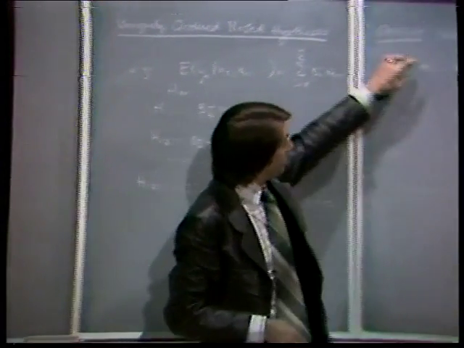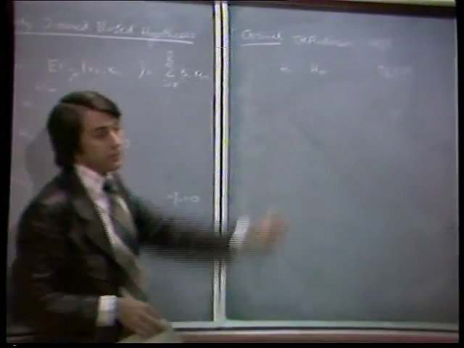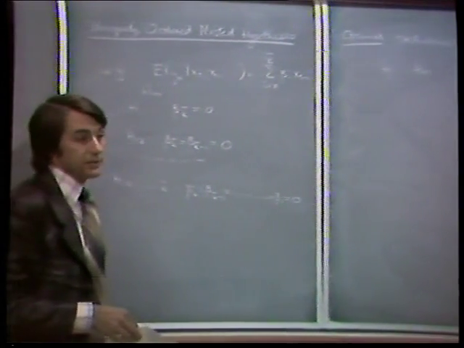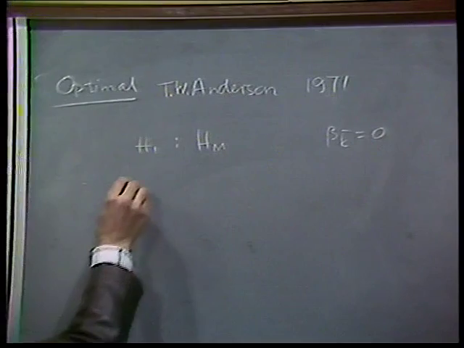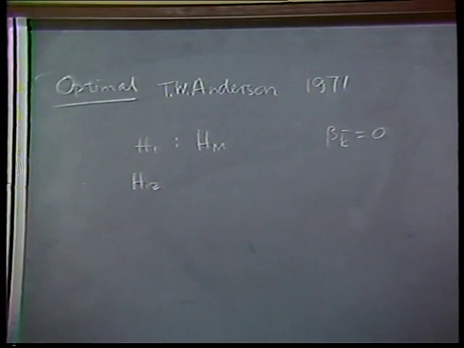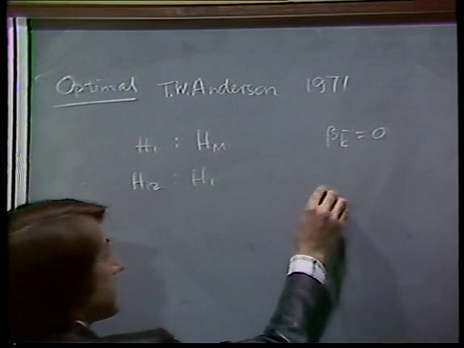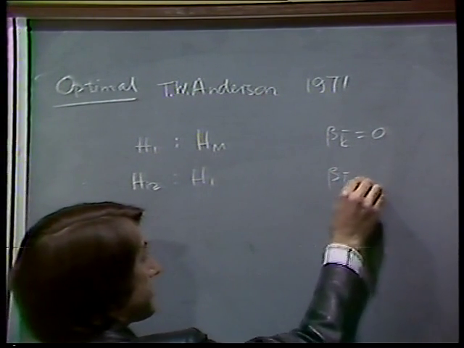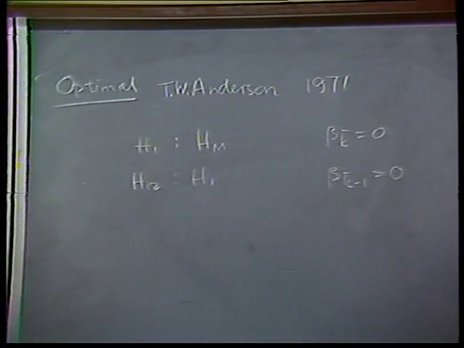However, if we perform this test and we don't reject H1 relative to the maintained, the next stage is to test H12 against H1. And that is equivalent to testing whether beta k bar minus 1 is equal to 0.